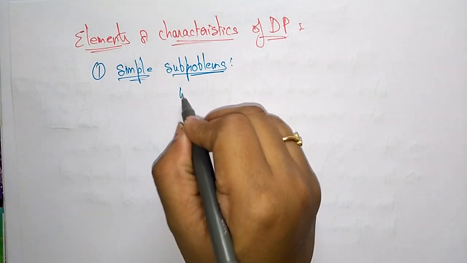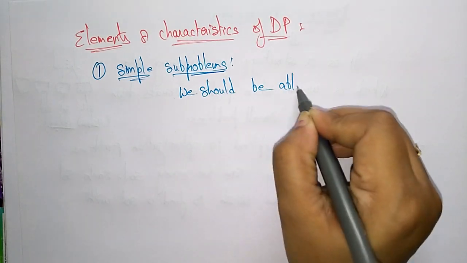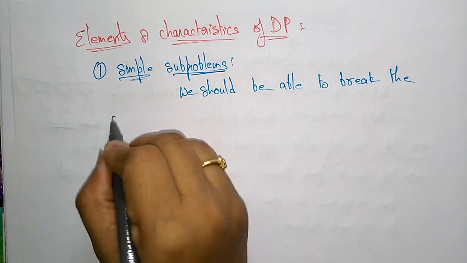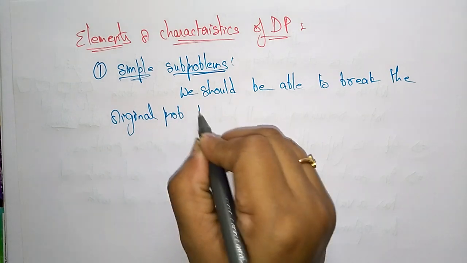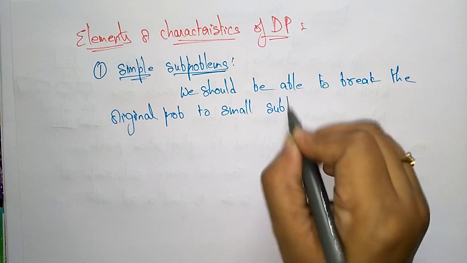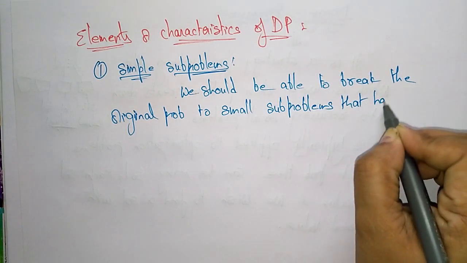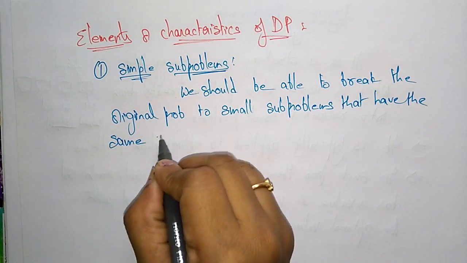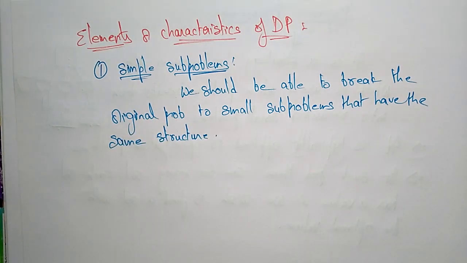Here we should be able to break the original problem, that is the main problem, into small subproblems that have the same structure. Whatever structure the original problem has, the subproblems also have the same structure. So that is the first characteristic.